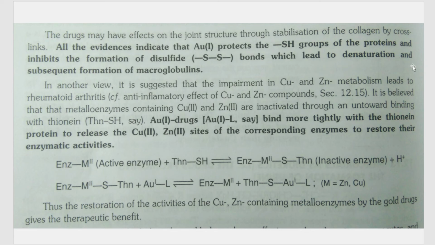It results in denaturing and in the formation of macroglobulins. If the collagen protein that is holding the bones together and helping to strengthen the bone gets denatured, and there is formation of macroglobulin, it can lead to arthritis and pain in the joints, correct?